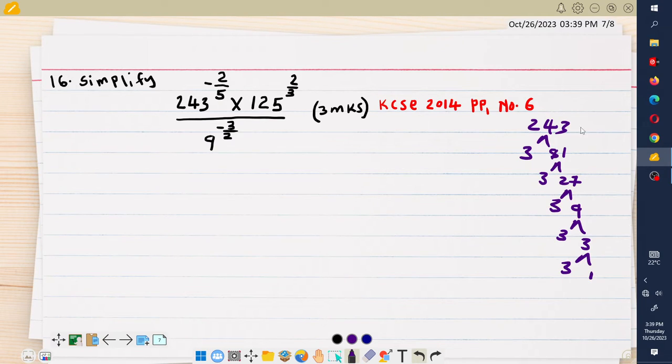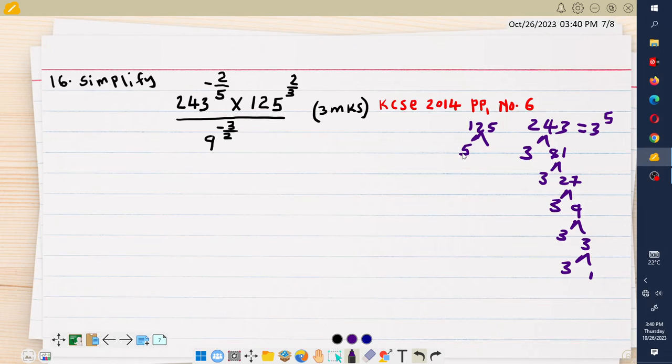So 243 is simply 3 to the power of 1, 2, 3, 4, 5. So 3 to the power of 5. Similarly, I also check the factors of 125. 3 won't go into 125, so I'll start with 5.